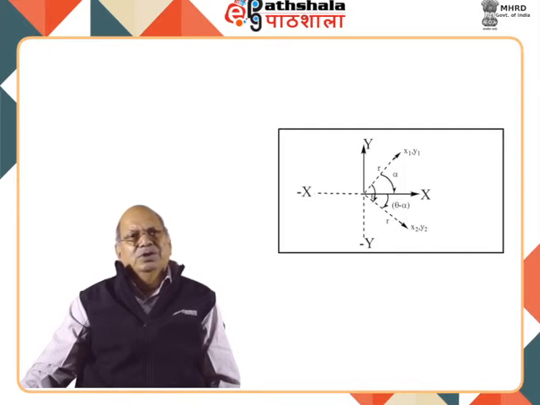Now we write down the coordinates of x2 and y2 in terms of x1 and y1 and see the relation between them. x1 is equal to r cos alpha, y1 is equal to r sin alpha, x2 is equal to r cos of theta minus alpha, that is r cos theta cos alpha plus r sin theta sin alpha, or x1 cos theta plus y1 sin theta, and y2 is equal to minus r cos of theta minus alpha, equal to minus r sin theta cos alpha plus sin alpha cos theta.